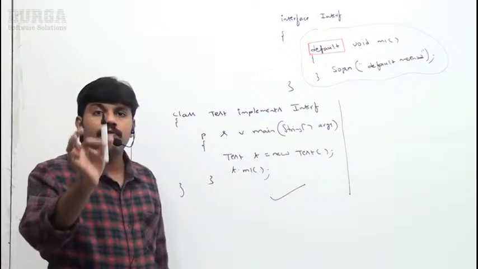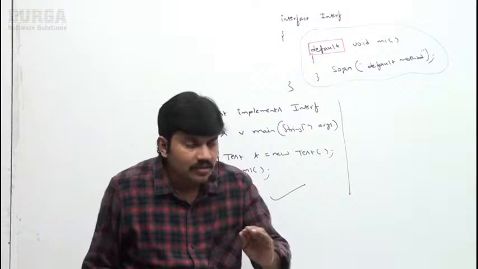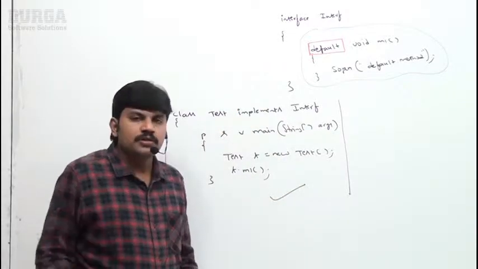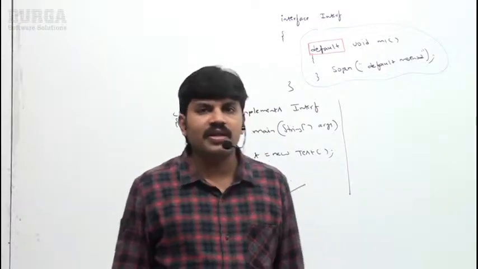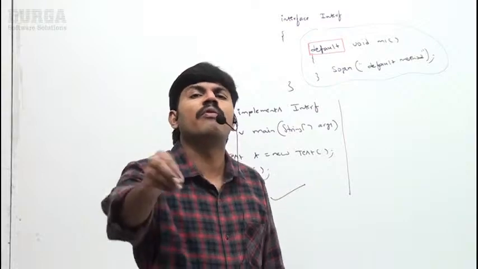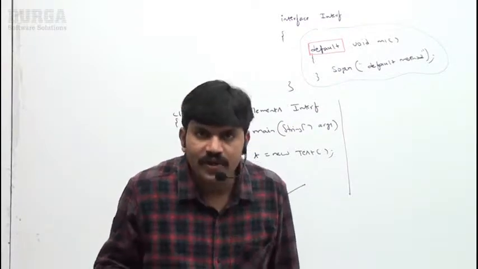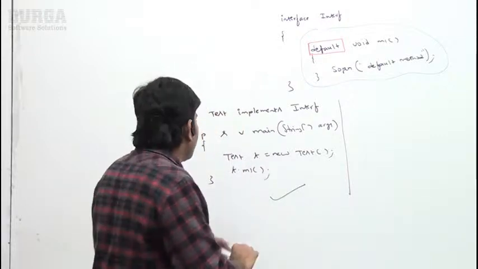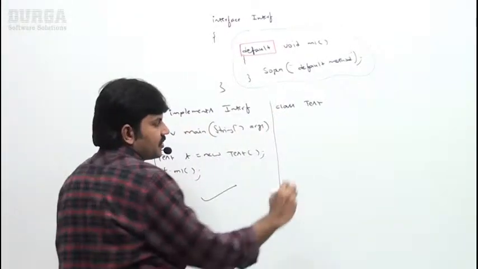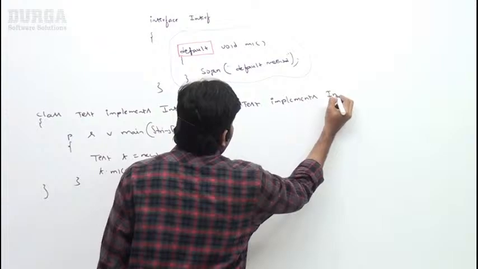Sir, are interface default methods by default available to the implementation class or not? Yes. If you want, you can call that default method directly. Suppose you are not feeling comfortable with that default implementation, sir, I don't want that default implementation, happily we can override based on your requirement. In the implementation class, can I override a default method or not? Yes, why not? Here I am taking class Test implements Interrupt.